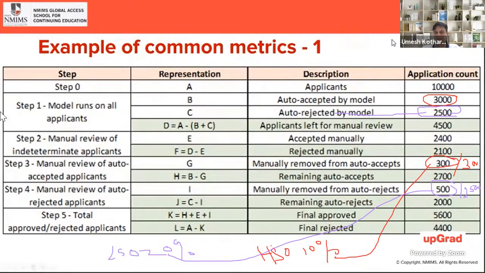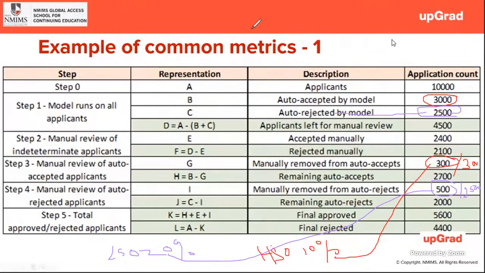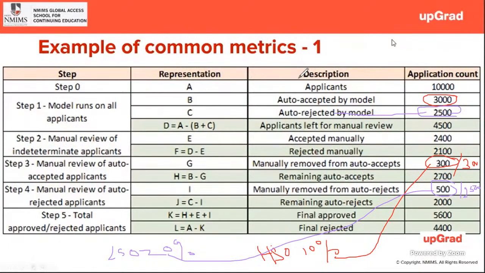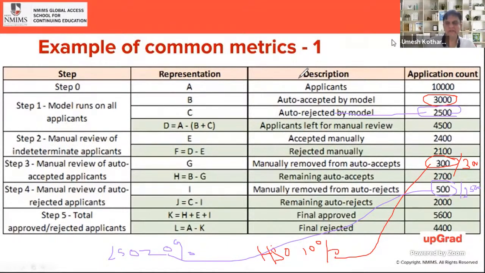All right. Having said that, the last group now, what is override rate? So, sir, the override. Yeah, Kavita, go ahead. 500 plus 300 by 3000 plus 2500. And therefore that is 14%. You did not take one decimal.